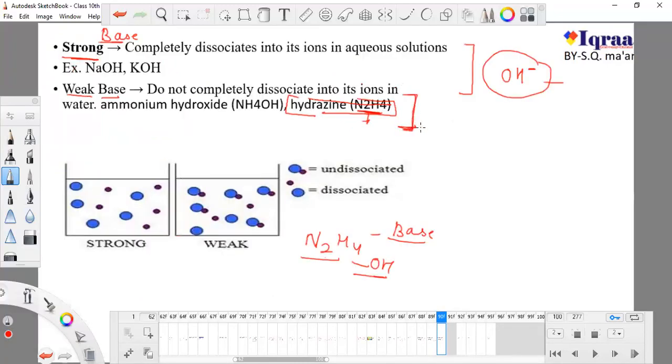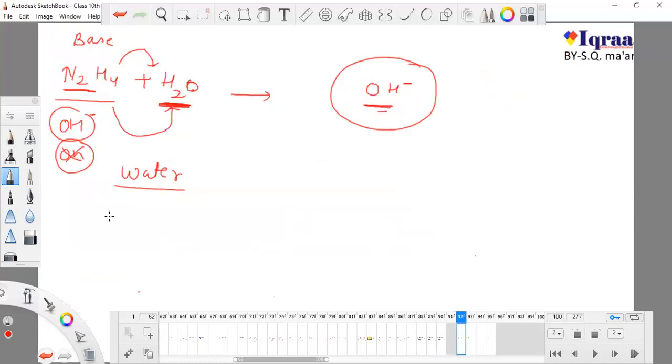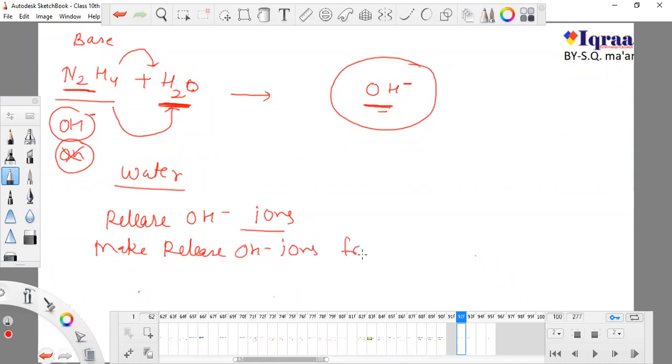So always remember that anything which can release its OH ions by itself, or which can make water release OH ions, in both cases is a base, because like this or like that they are able to release OH ions.